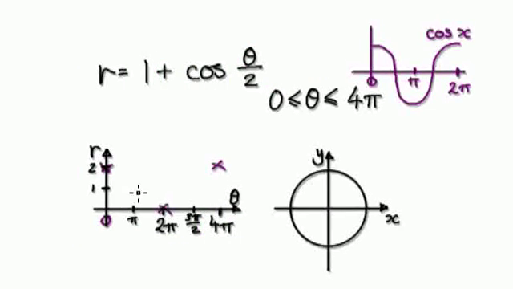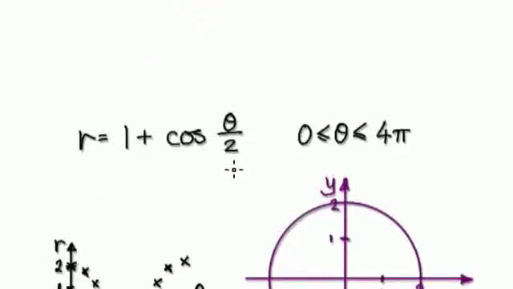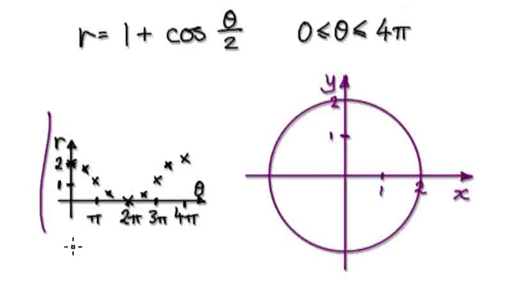And as it turns out, this here will be 0, this here will be 1, this here will be 1. Halfway in between, it will be somewhere up here. And then halfway in between these two will be quite low down here. And then halfway here will be quite low. Halfway here will be quite high, so up here. So as it turns out, it will give you something like this.